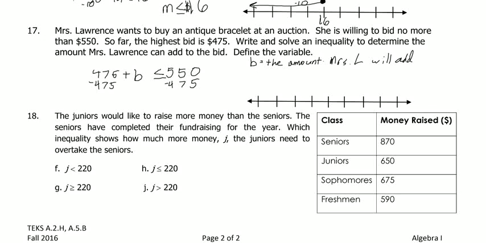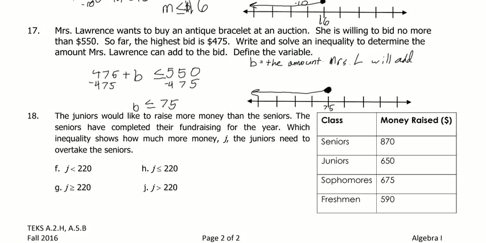And B needs to be less than or equal to 75. So we put 75 in the middle with a closed dot. And we don't want to spend any more than 550, so we got to go to the left with it. And there it is.